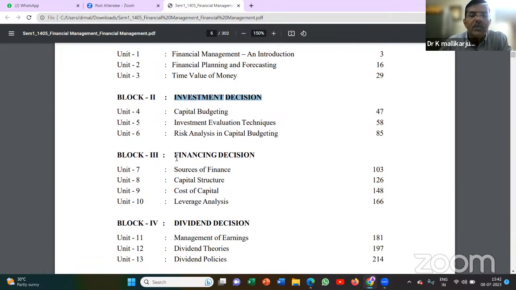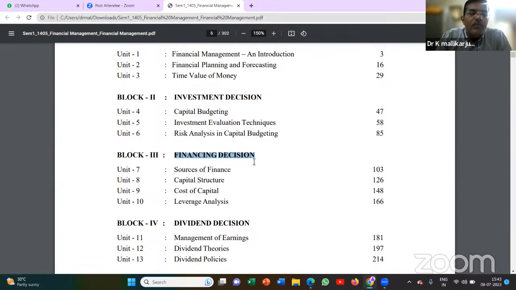Block number three is financing decision. Under financing decision, we talk about the various sources of finance: internal sources and external sources. Every firm requires sources of finance. If a company has good investment options but faces a problem with the source of finance, that may be a problem.